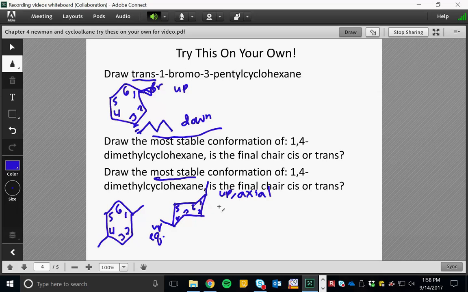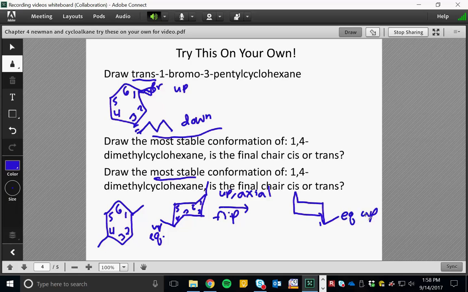Typically, to evaluate stability, we would do a flip in order to decide who's the most stable. But if you can remember that what was axial will go equatorial, and what was equatorial will go axial, it'll help speed this up. I already know that by doing a flip on this particular example, there's not going to be any change in the energy stability.